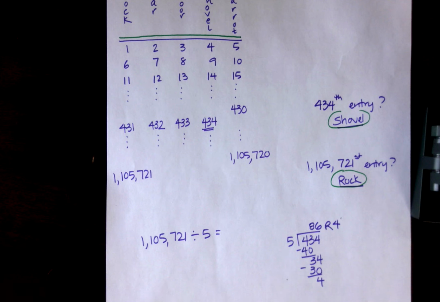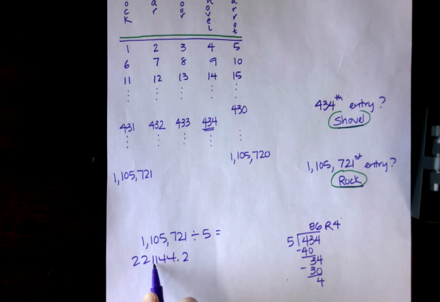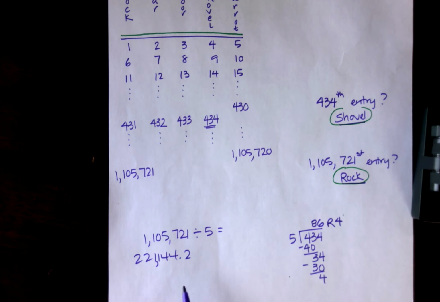And I actually haven't done this, so I'm going to grab a calculator and do that division real quick. 1,105,721 divided by 5. My calculator says 221,144 complete sets, 0.2 and 2/10. And that doesn't seem like it's very helpful because it's not in remainder format. We need to get it in that remainder format.